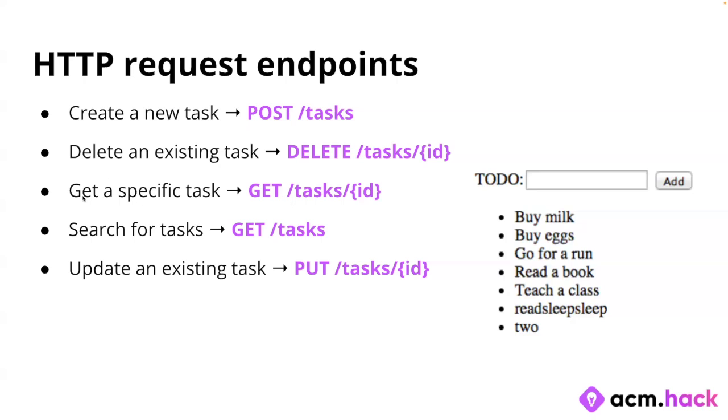For getting a specific task, it's something similar. We'll use the GET method, specify the kind of resource, which is tasks, and specify the specific task using the ID. Another GET method will be only /tasks without the ID. That basically means that we want all the tasks in our database. We don't specify anything, we're just saying we want everything of this kind.